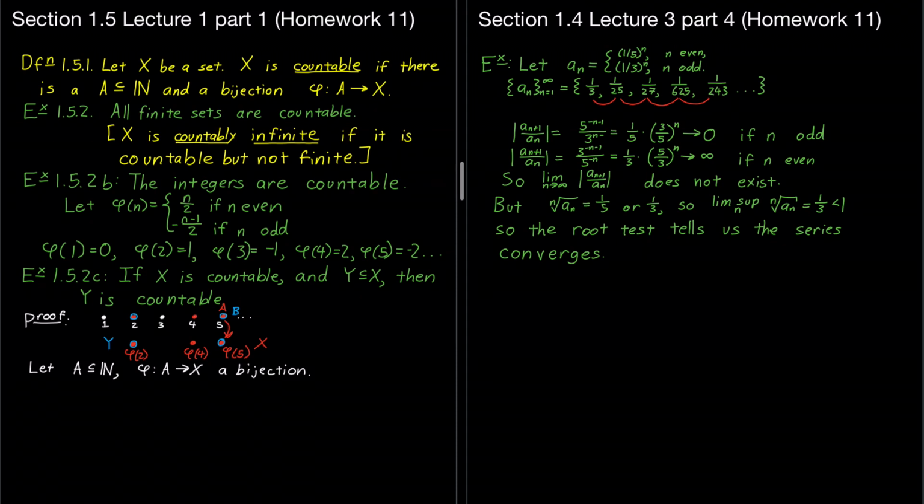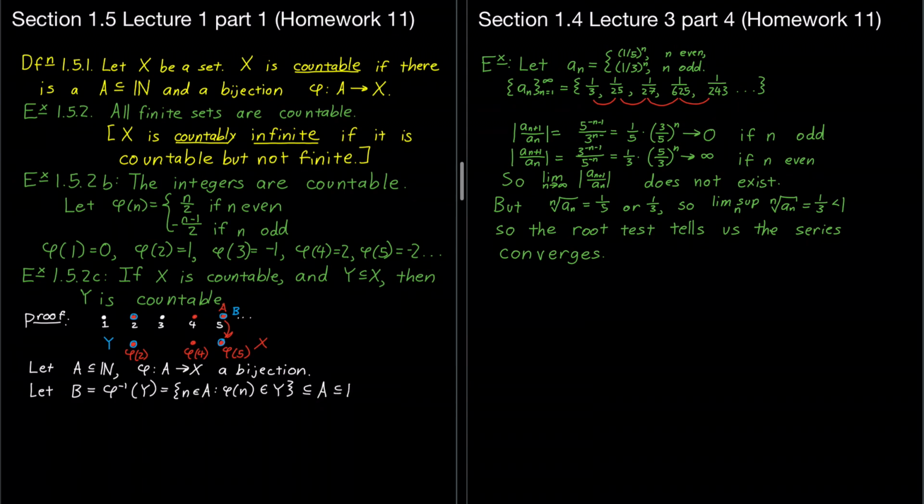And we're going to let B be phi inverse of Y. That is the set of all natural numbers n in A such that phi of n is in Y. And notice that this is a subset of A. It's always a subset of the domain of phi.